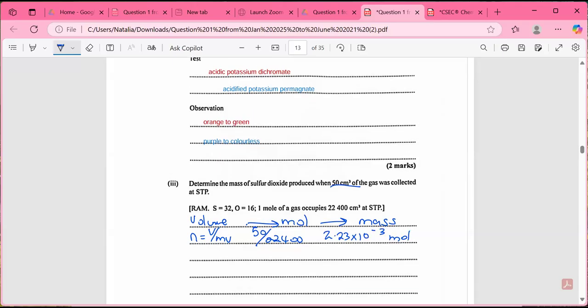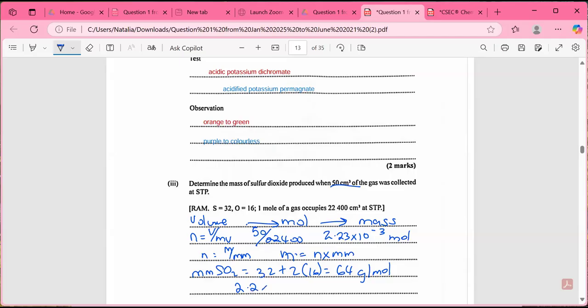So that's moles, and I'm going to convert from moles to mass. So number of moles is equal to mass over molar mass. I need to determine the molar mass of SO2. So it's 32 plus 2 times 16, which is equal to 64 gram per mole. So if I rearrange this equation, mass is going to be equal to number of moles times molar mass.